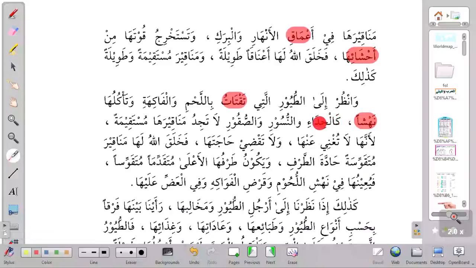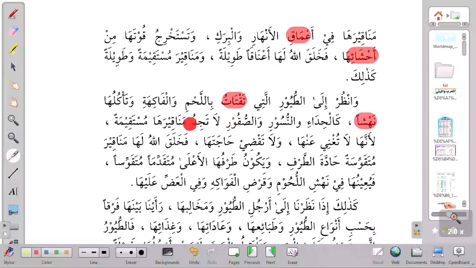Like the hida. The hida is the plural of had'atun, which means the kite, the animal that they call the kite. One nusur, the plural of nasrun, that is eagle. Was sukur, and then the sukur, the plural of sakrun or sakratun, that is the hawk.